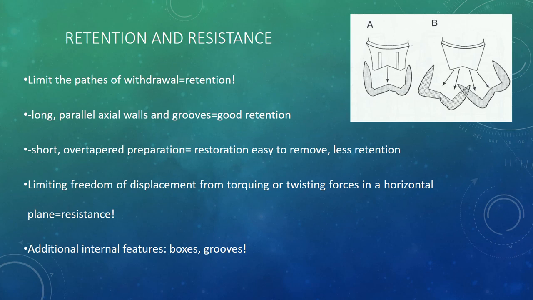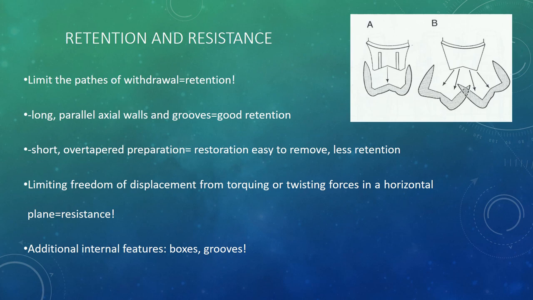Okay, coming to the continuation of the same: it limits the path of withdrawal. It actually gives retention if you have a proper taper and any retentive component required. Long and parallel axial walls and grooves give us good retention.